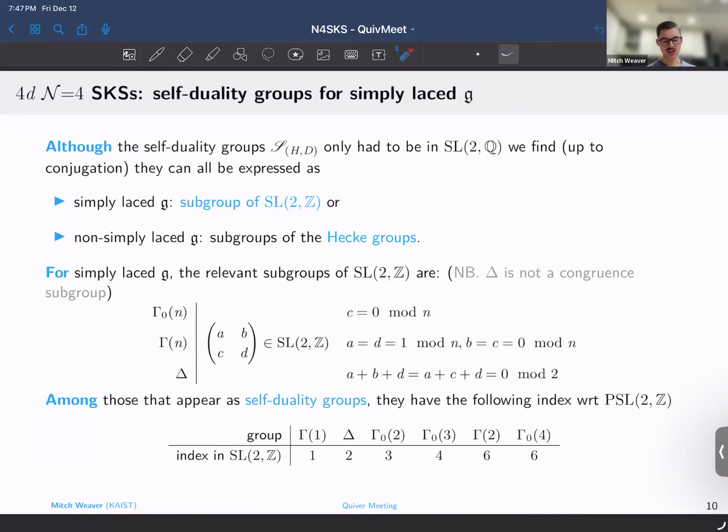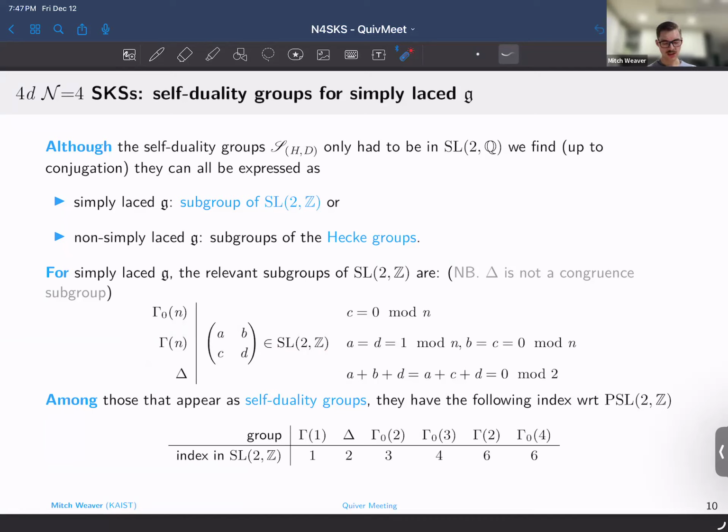But for simply laced G, the relevant subgroups of SL2Z are the following. So you have the two types of congruent subgroups, and then this sort of real one, which we end up also calling delta. And they're just given by SL2Z matrices that satisfy these relations. These are sort of their defining relations.